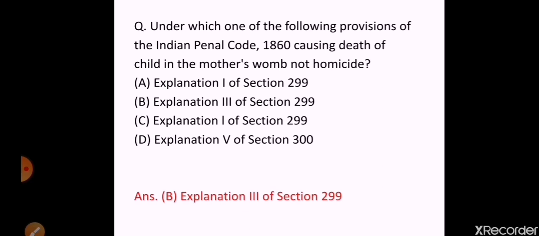Let me read this explanation for you, because maybe you may or may not read the bare act. Explanation 3 of section 299 of IPC states that causing death of a child in mother's womb is not homicide, but to cause death of such a child, if a child is a living child and any part of that child has been brought forth, even though the child may not have breathed or may not have been completely born, it may amount to homicide.